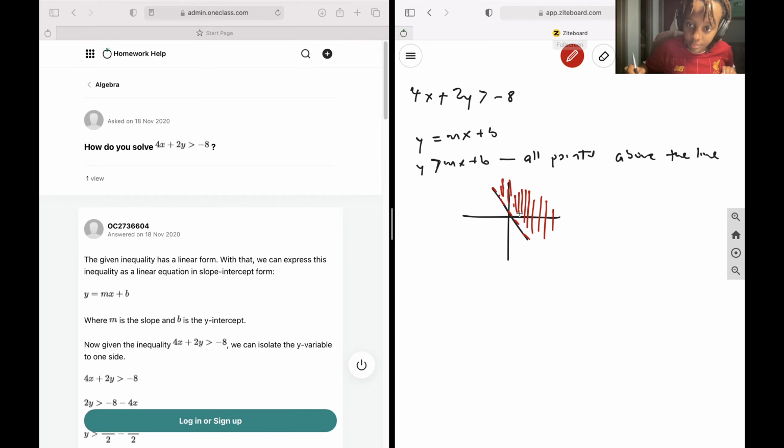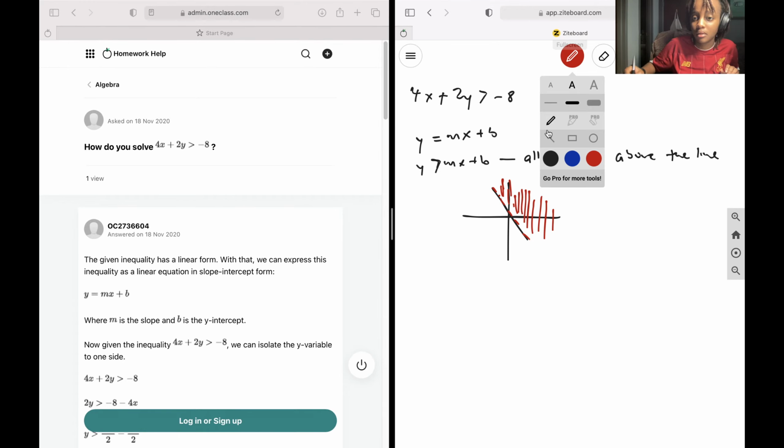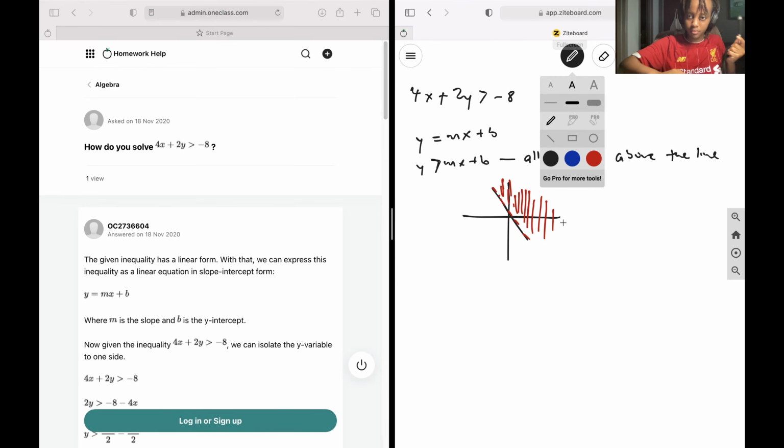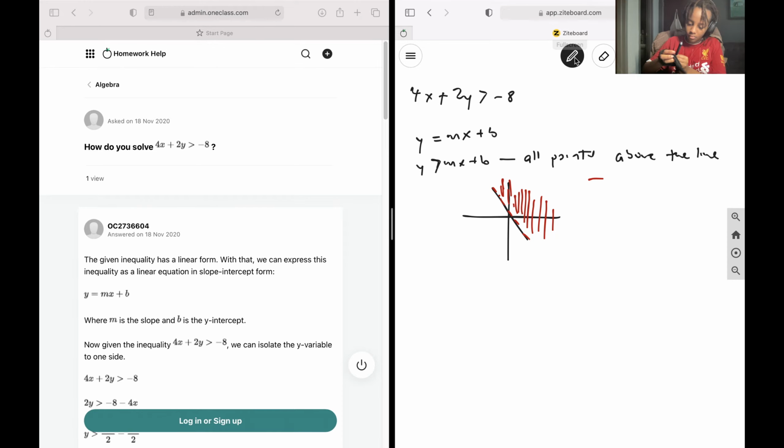This is above and that's below. Okay, if we have y is greater than or equal to mx plus b, when we draw it, we do include the line, and it's all points above and including the line.